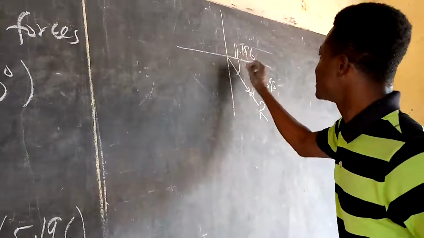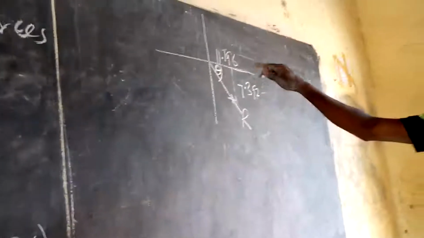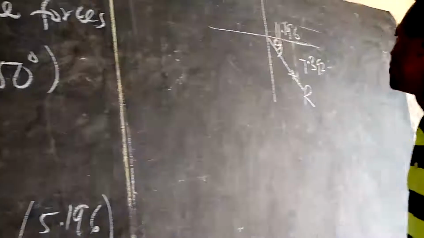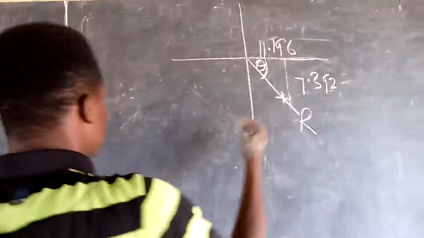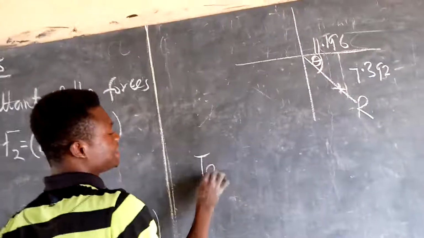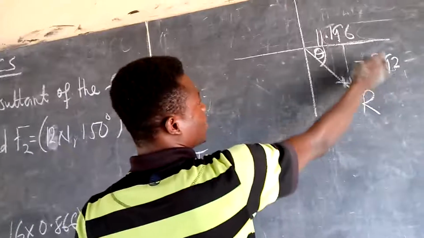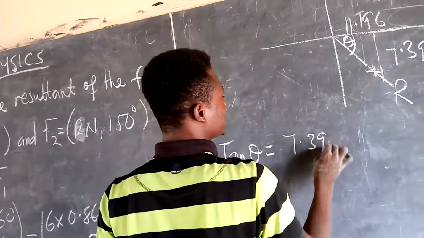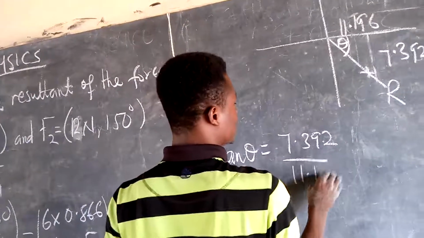So now we have our x and our y. What is the angle that the force makes with the horizontal? That is what we call theta. So we use tan theta, opposite over adjacent. Opposite is 7.392 and adjacent is 11.196.